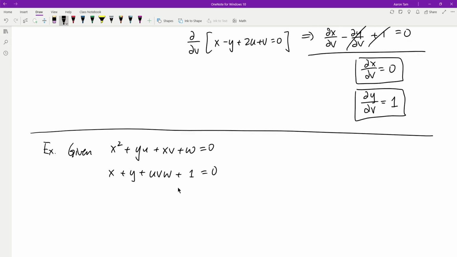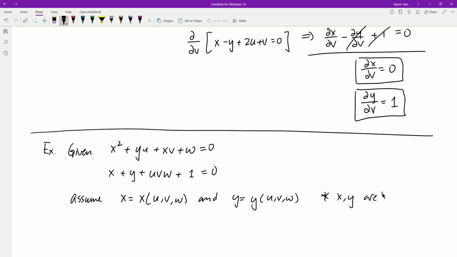We're going to assume x is equal to x of uvw and y is equal to y of uvw. So what does that mean? It means that x and y are functions of uvw in this case.